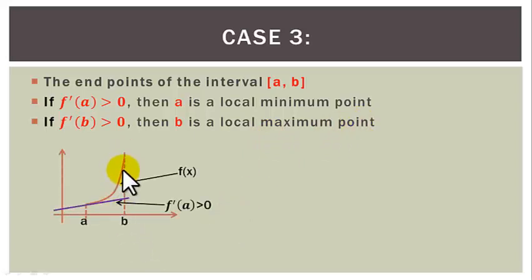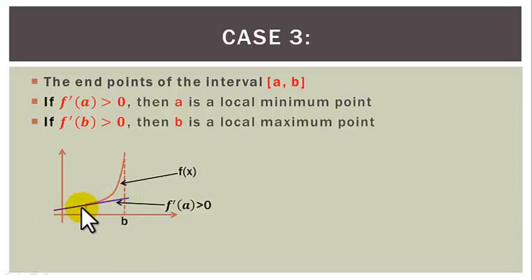This, the curve y equal to f of x defined over the interval AB. At the point A, the tangent to the curve at the point A is this straight line.